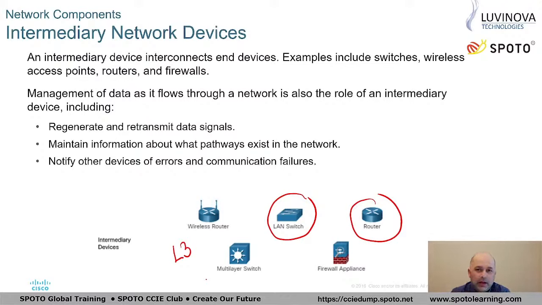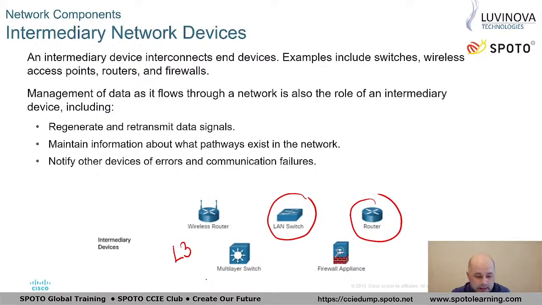What we know about the firewall is that it's filtering the incoming and outgoing traffic. Always, guys, remember that. A firewall or any good securing device must filter incoming and outgoing traffic by any measurement. So intermediary devices: routers, switches, and the others.